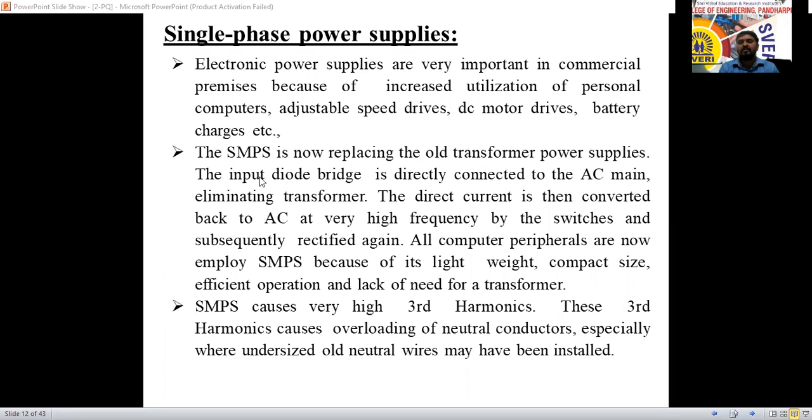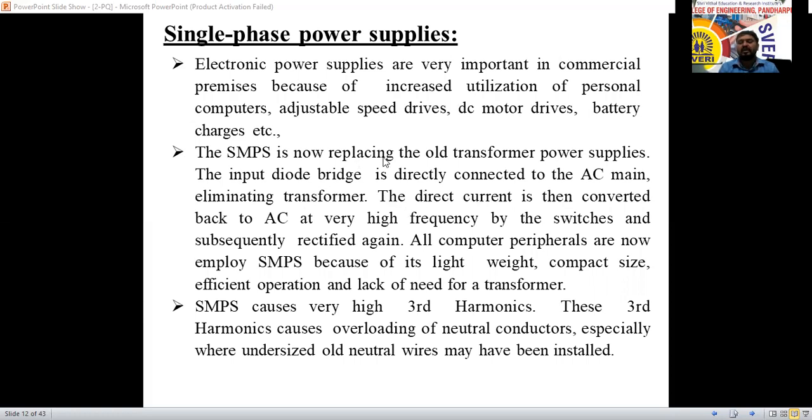The input of the circuit, that is the diode or rectifier circuit, is directly connected to the AC mains. Because of using this rectifier, the AC is converted into direct current.